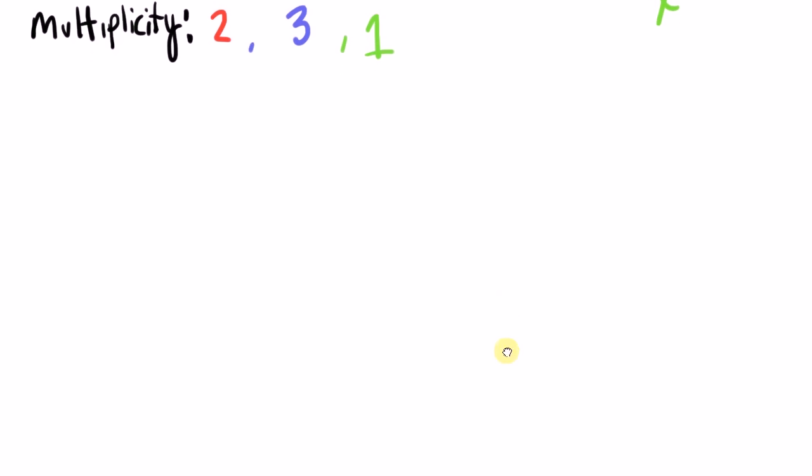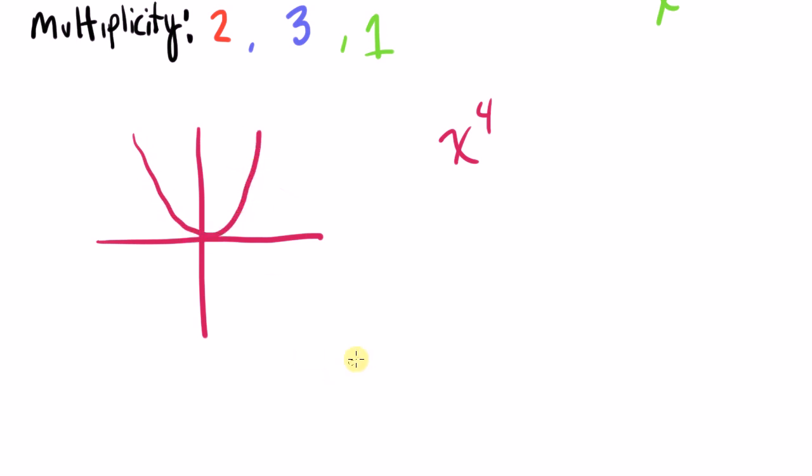Sometimes they want to talk about peaks and valleys. So, real quick, before we graph this function, let's look at x to the 4th. That was this guy. And let's look at something like what we had before, the x minus 3, x plus 2, x minus 4.